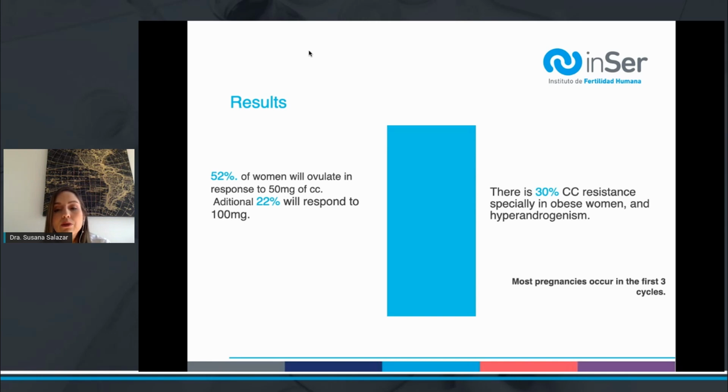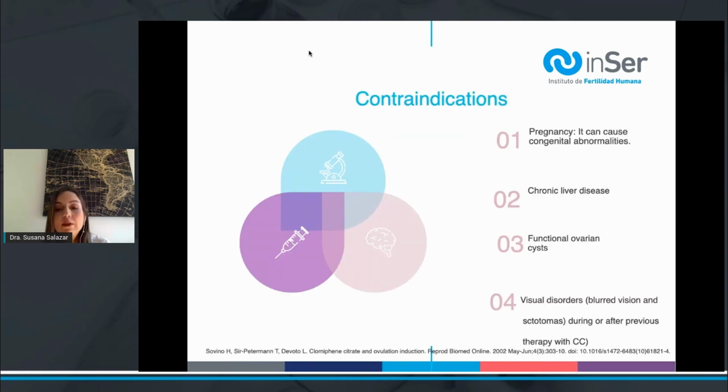Most pregnancies occurred in the first 3 cycles. The contraindications are pregnancy, because it can cause congenital abnormalities, chronic liver disease, functional ovarian cyst, and visual disorders, blurred vision, and scotomas during and after previous therapy with clomiphene.